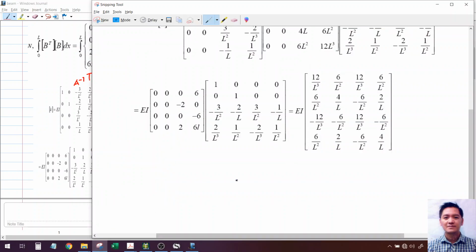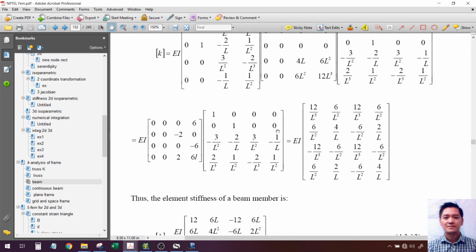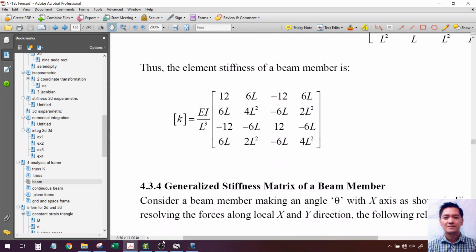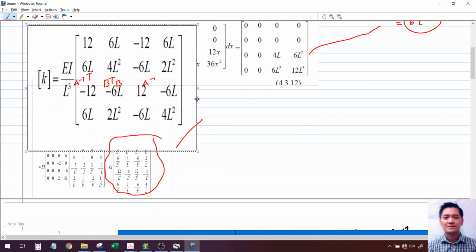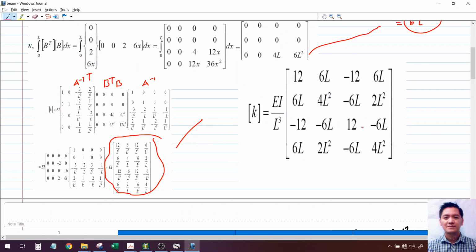So palakihin natin. Ayan. So this is our K. Okay.